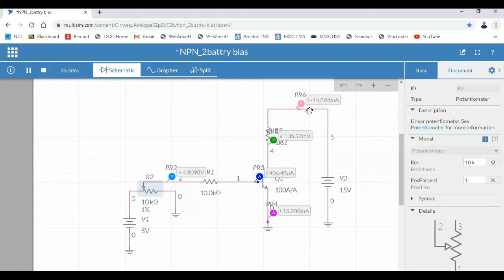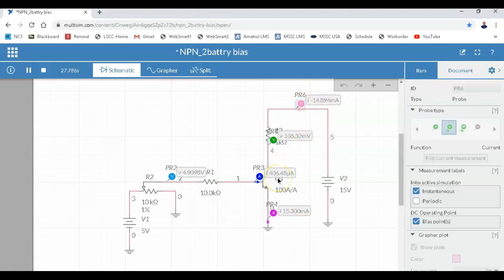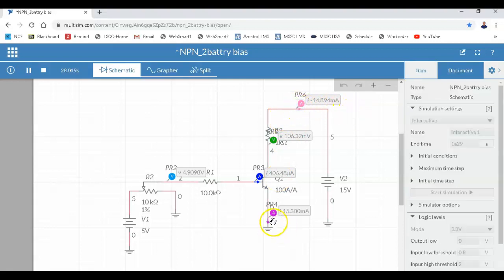Ignore the sign; I've got my meter hooked up that way. This is an ammeter, though you can't see the actual arrow. This is where the meter is installed. I've got an ammeter right here measuring base current, an ammeter right here measuring emitter current, and an ammeter up here measuring collector current. How many volts do I have at the bottom?